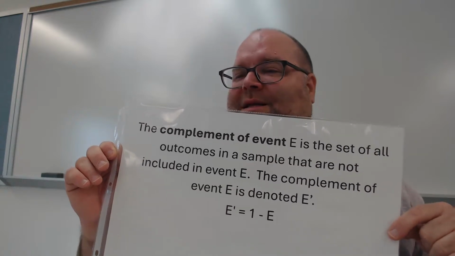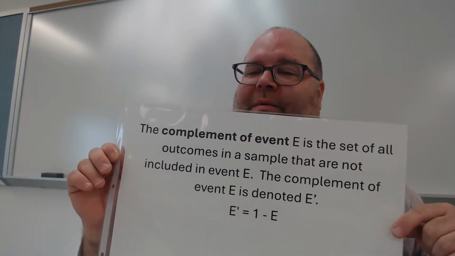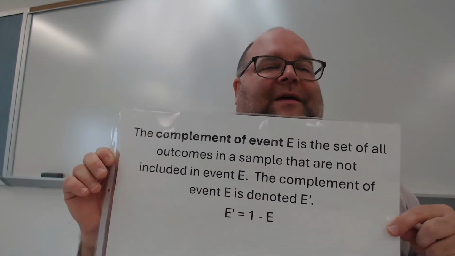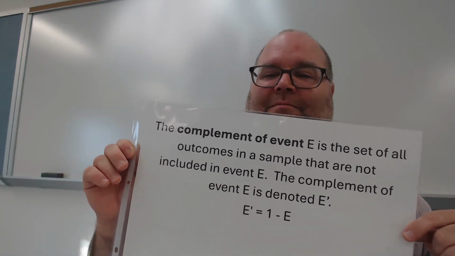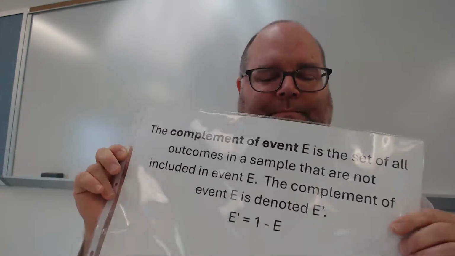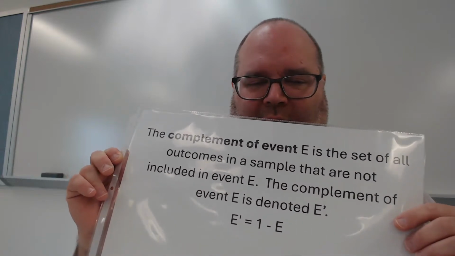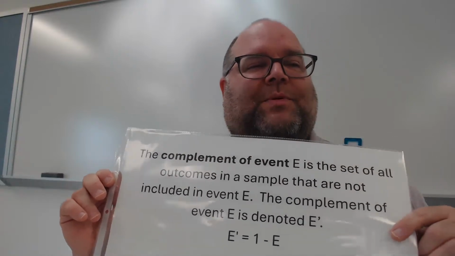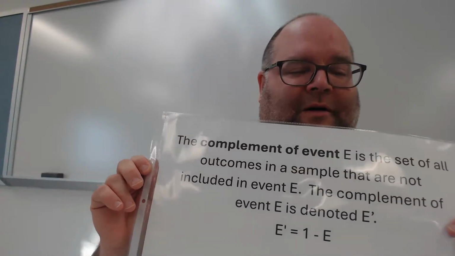So the probability of E prime is 1 minus the probability of E. The probability of the complement of E is 1 minus the probability of our event.